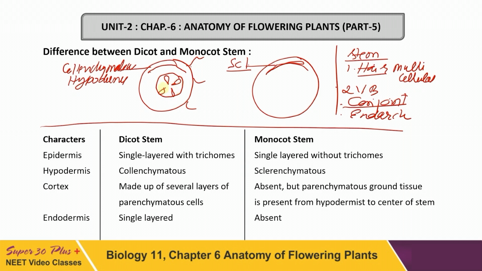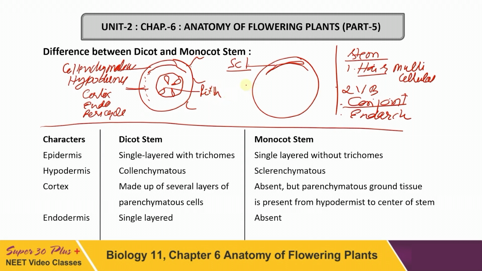This is the cortex, and then we have the endodermis, then the pericycle, and at the center the pith. You must be remembering all that, right?